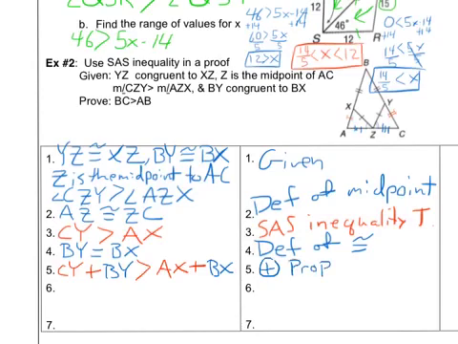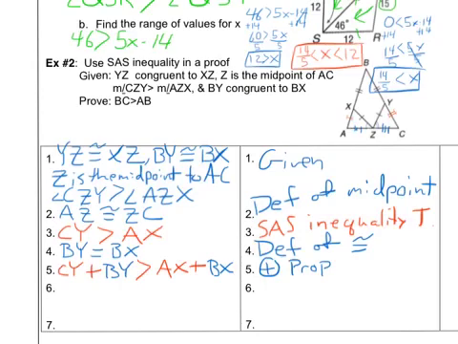I can add to both sides. Well, I did that because look, here's CY and here's BY. And together that makes BC. And look what I'm trying to prove. BC being greater than AB. Well, look, sure enough, AX is right here, BX right here. Together that makes AB.